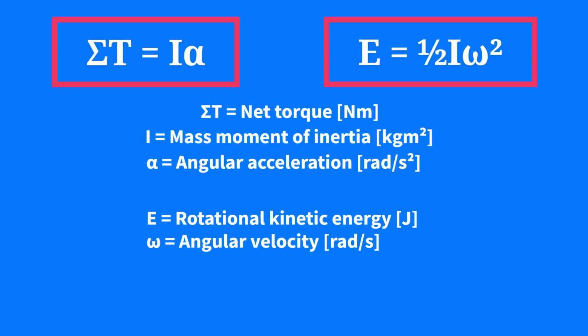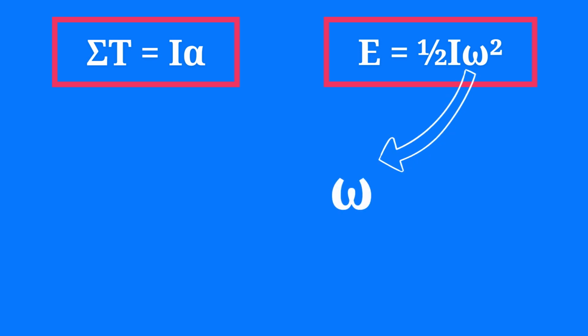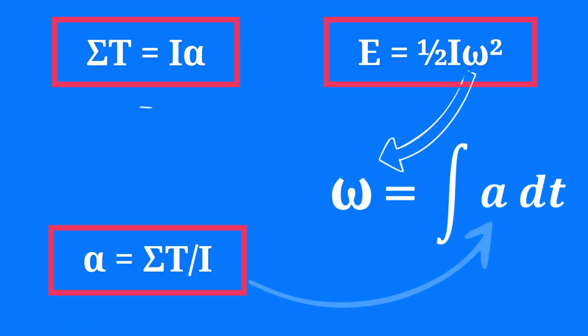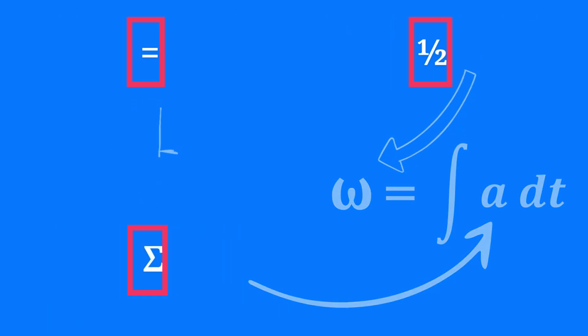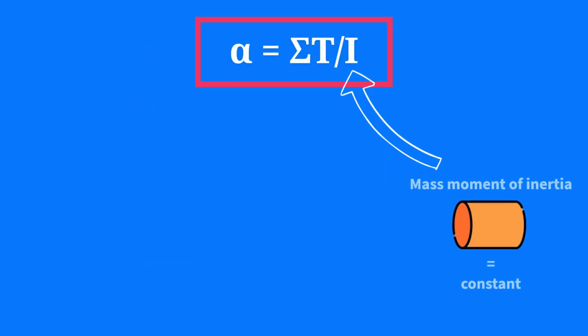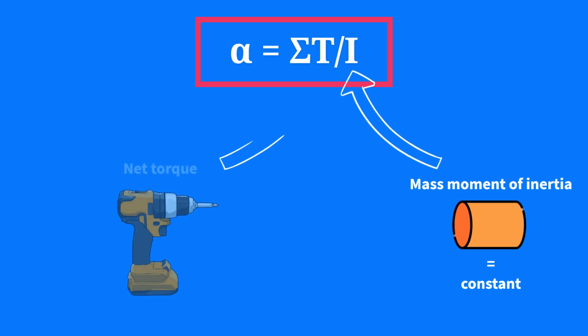If we want to calculate the angular velocity at impact, we need to integrate the angular acceleration over time. When we rewrite the first equation, we get that the angular acceleration is equal to the torque divided by the mass moment of inertia. The mass moment of inertia of the flywheel hammer is a constant, so the angular acceleration varies with the torque provided by the motor and the friction.